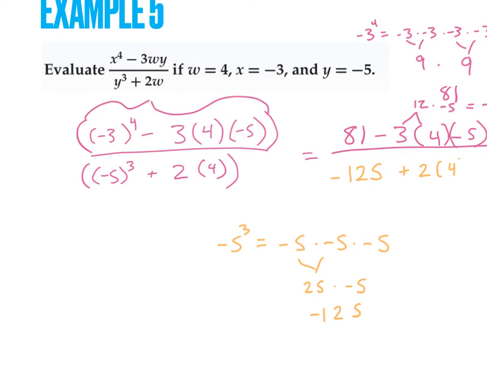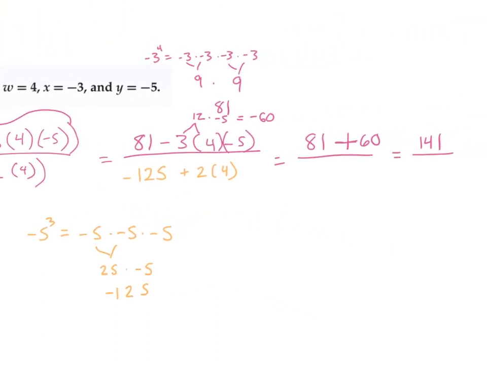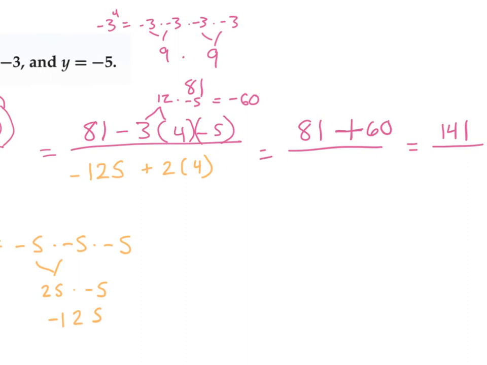And then we still have that plus 2 times 4. What's the next thing we're going to do? 2 times 4. So we have negative 125 plus 2 times 4, which is 8.